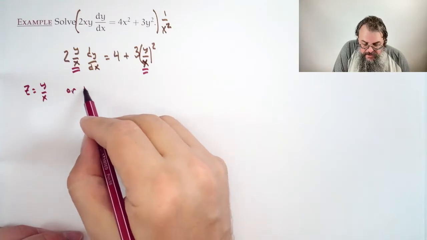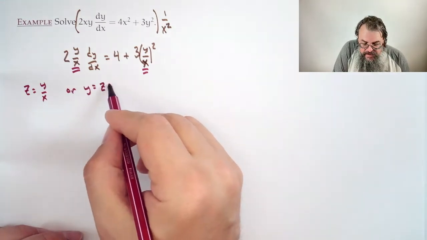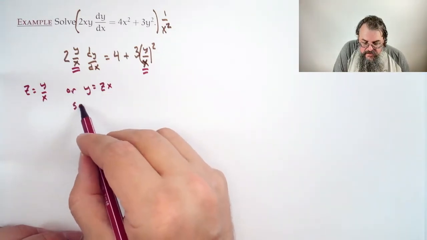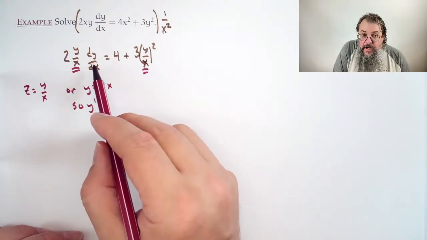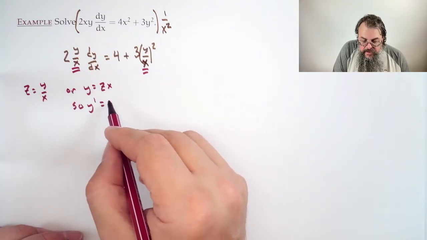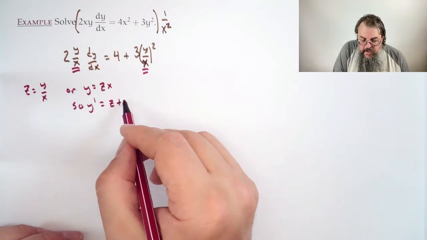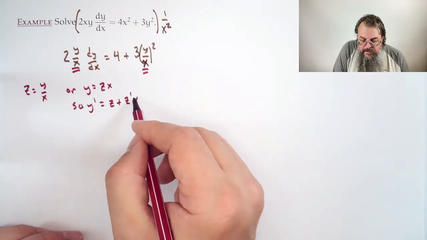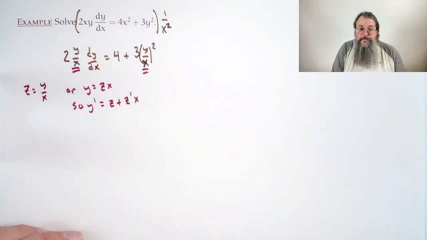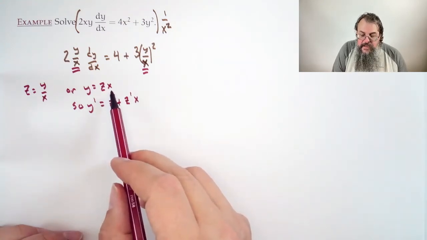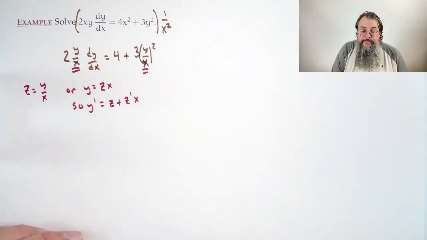Okay, or we could say that, look, y is equal to z times x. And so y prime, which is dy/dx, is equal to z plus z prime times x, because we did a product rule there: the first times the derivative of the second plus the derivative of the first times the second.